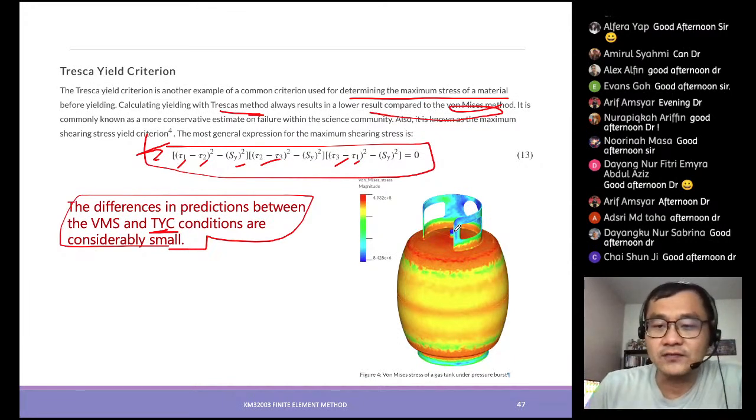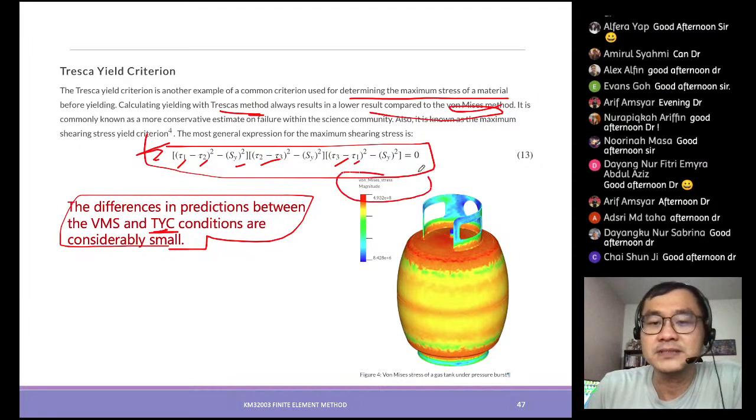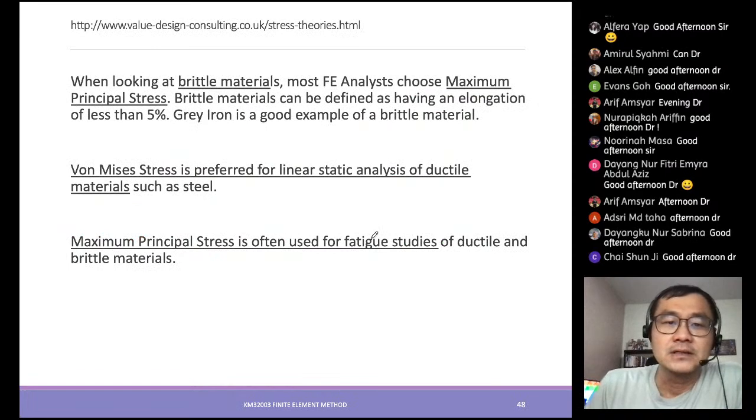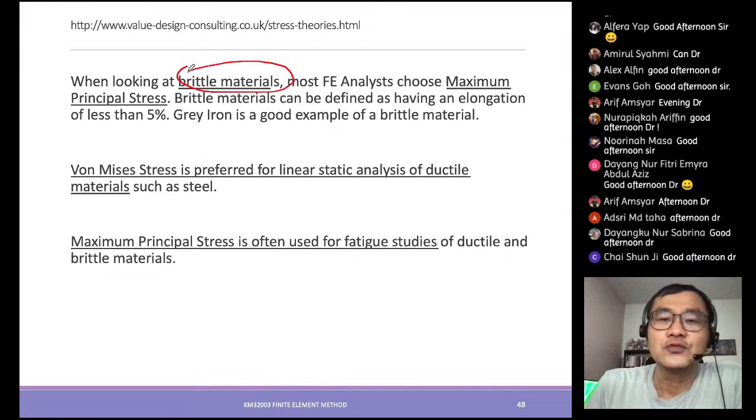This is one example of von Mises stress visualization in the FEA model. It shows the von Mises stress and so on. For brittle materials, we would mostly choose the maximum principal stress. But for ductile materials, we usually select the von Mises or the Tresca criterions to detect whether there is a fracture or yielding or not.